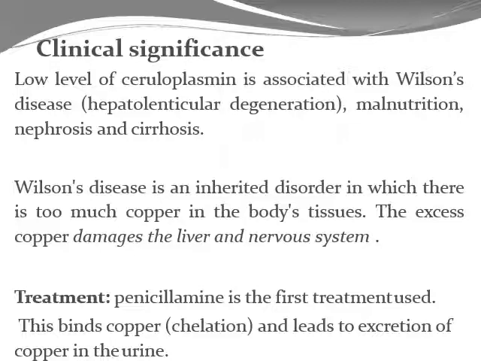So if we have a low level of ceruloplasmin, it means that there will be more freely circulating copper. Usually this condition can be treated with a chelating agent. Chelating agent means something that can remove the copper from the body. This includes a drug called penicillamine. It is the first treatment that is used, and it may chelate the copper and help the removal of copper from the body via urine.